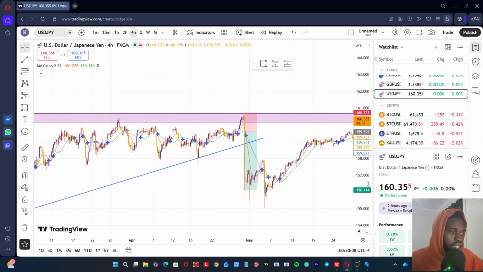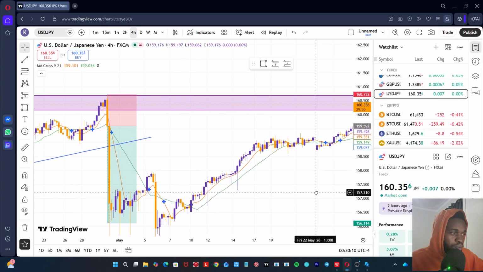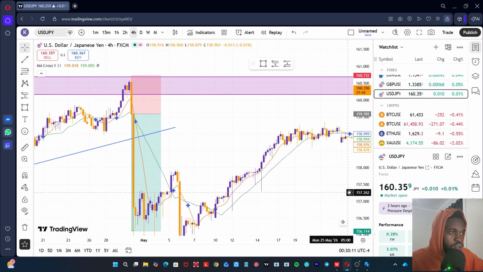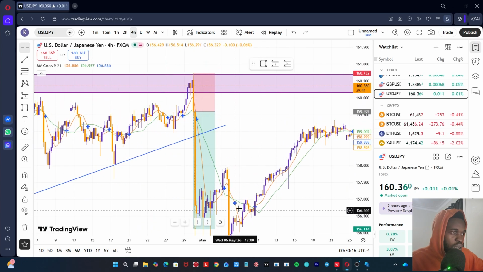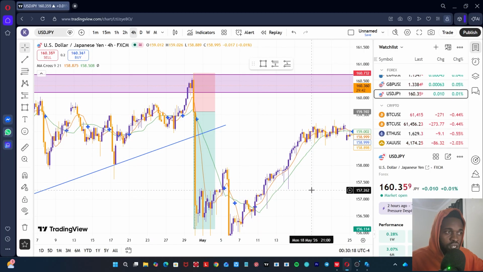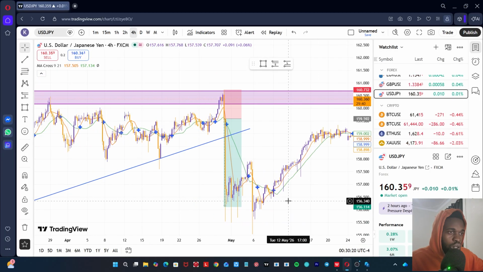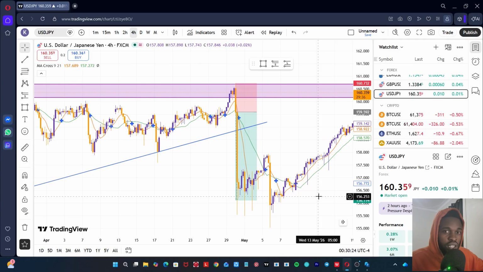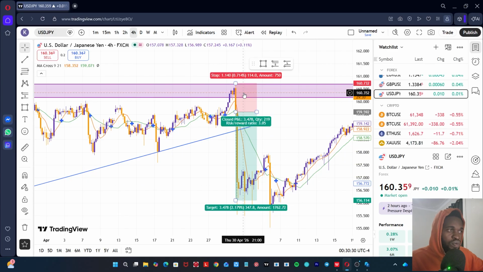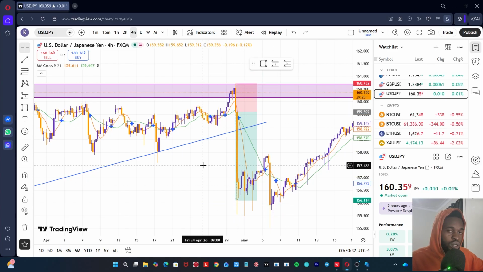As you can see, when price is below these moving averages, the trend is bearish. When it's above, you can see that price is bullish, and aim for buys. So this is very, very important.